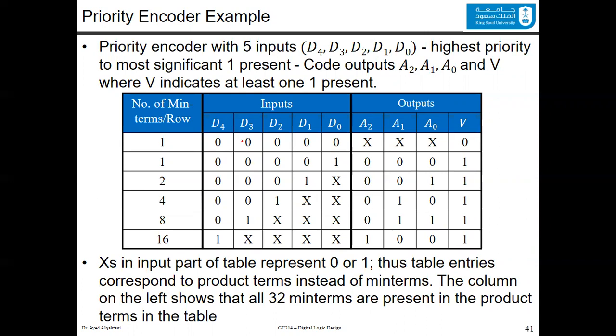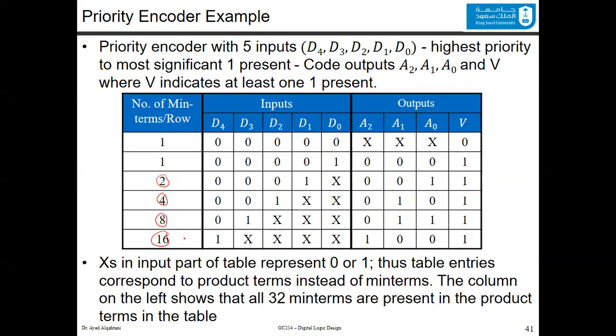There will be 32 different rows, but some of the rows are combined because of the presence of the don't care. Since we have only 1 don't care, you will have 2 rows combined together in a single row.